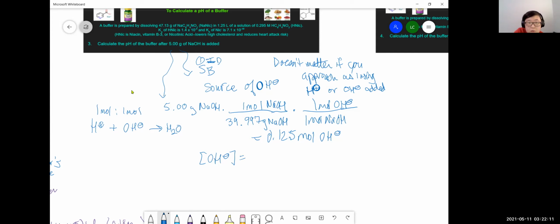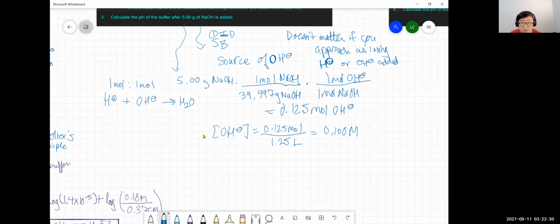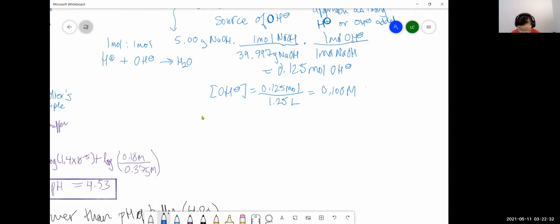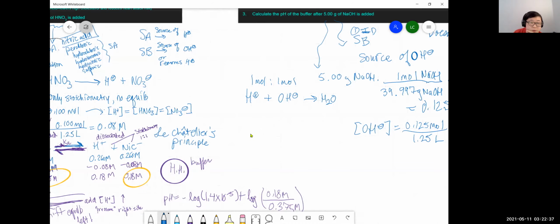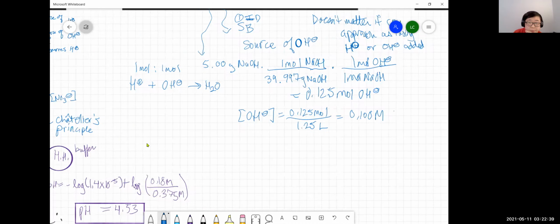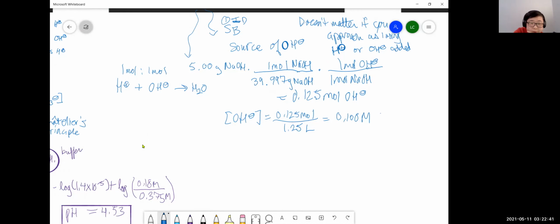That's equal to 0.125 moles over 1.25 liters, and you get 0.100 molar of OH minus. And so what we need to do is, it's going to actually shift the other way. You can do this whole table again, but basically the main point is, again, Le Chatelier's principle.